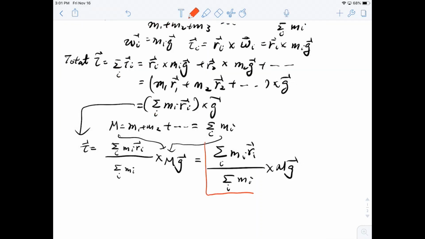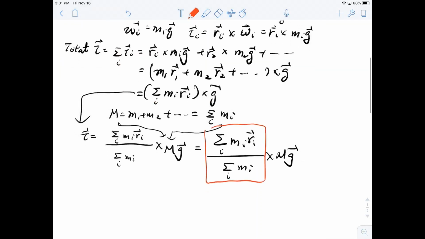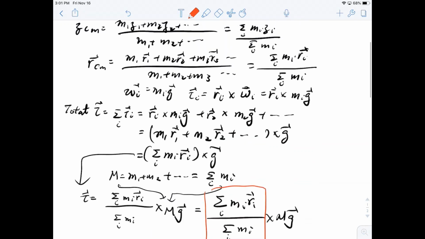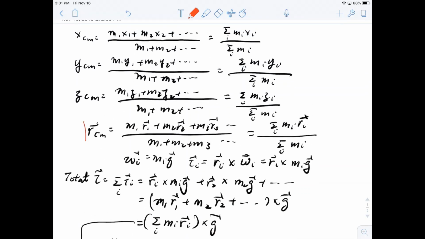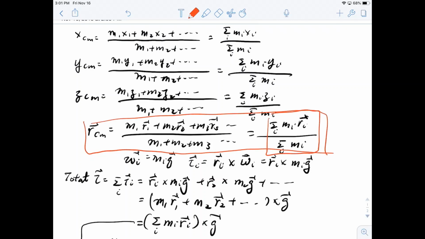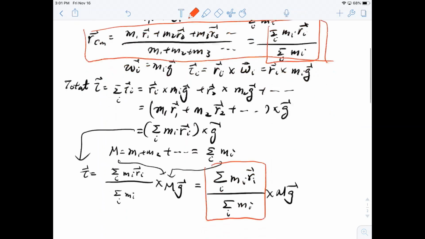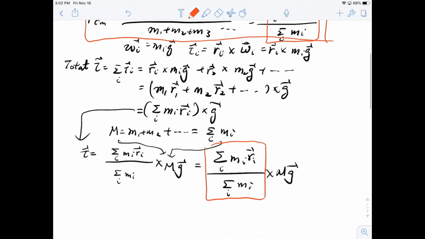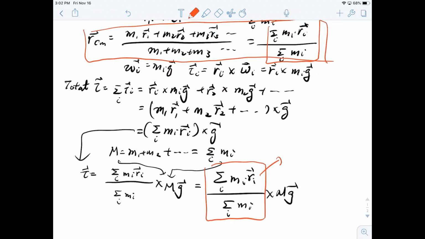Do you recognize what this is? If we go back and look at this equation, the sum over mi times the r vector, divided by the sum of the masses, would just be the center of mass position.